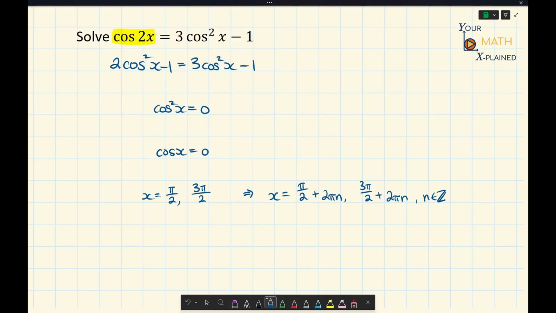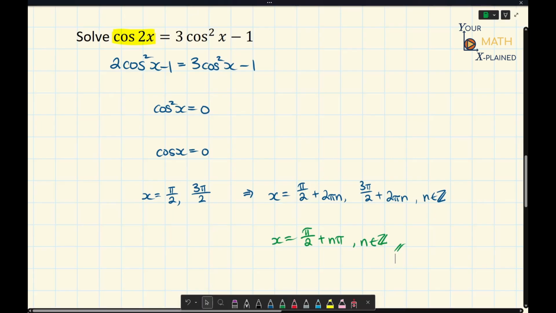Now some of you may notice that pi over 2 and 3 pi over 2 are pi units apart. So another way that you can actually write this solution is x is equal to pi over 2 plus n pi, where n is an integer. And both of these would be perfectly fine solutions.